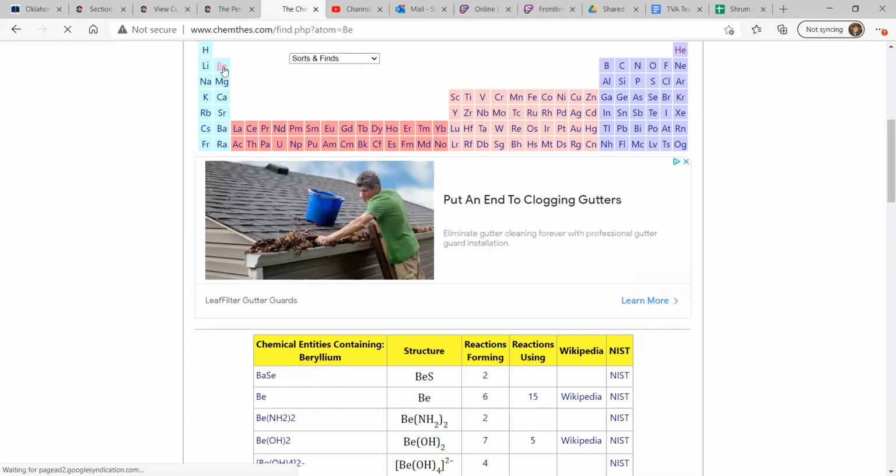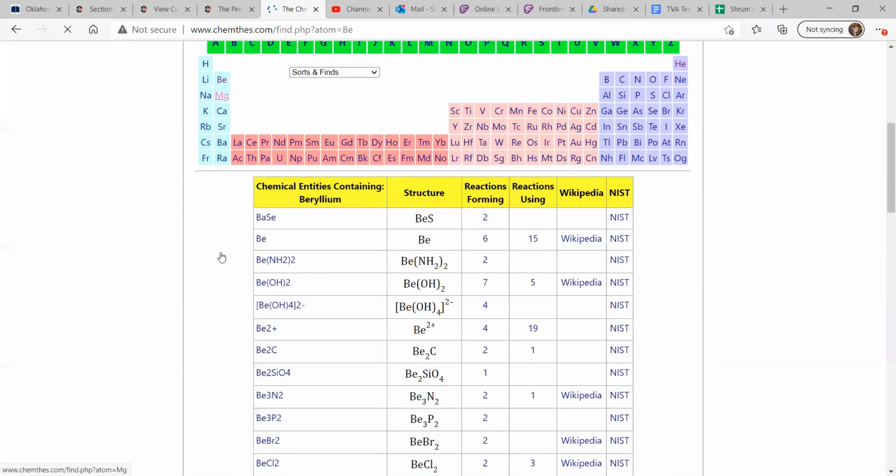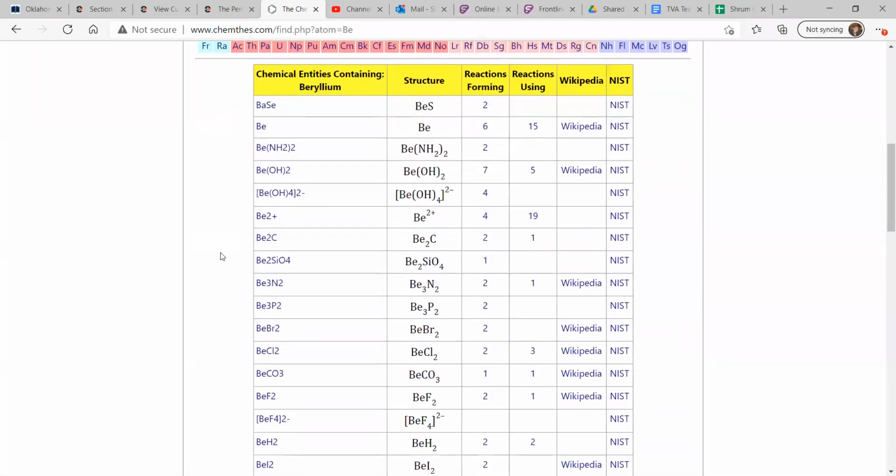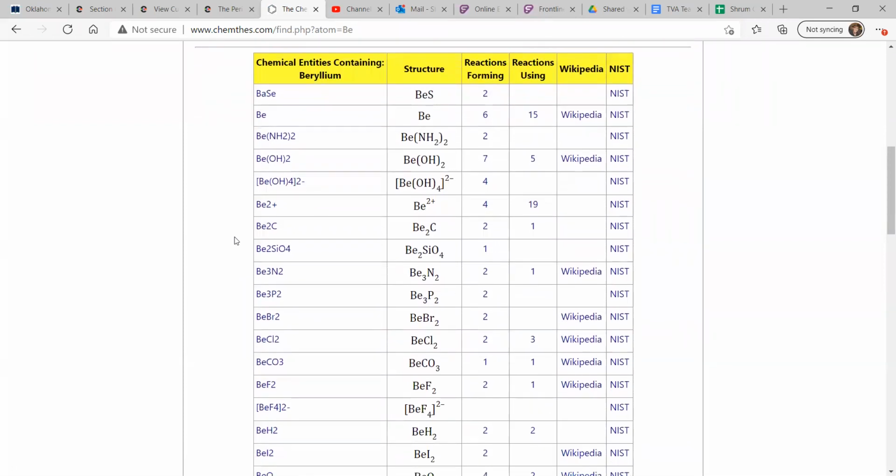So click on Be, beryllium, and then scroll down. I'm going to see the chemical entities containing beryllium, the structure, the reactions forming, reactions using, Wikipedia. Well, yeah.